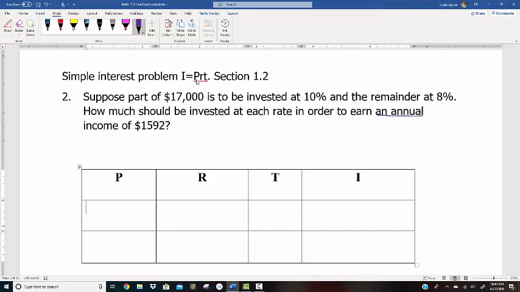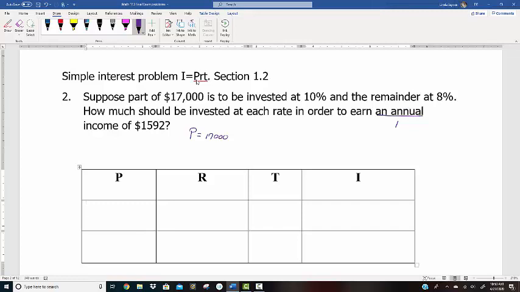$1,592. So we already know time is 1 year. Annual means 1. So therefore we've got that part. Now, P, what we're investing, is 17,000. But we don't know how much is at 10% and how much is at 8%.